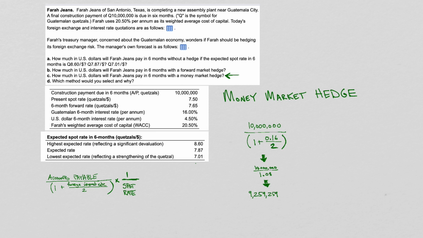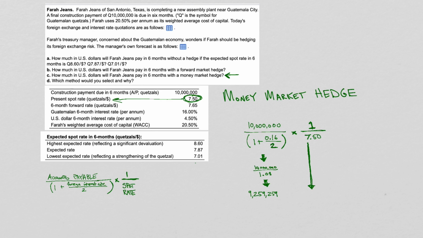And so for us, today's spot exchange rate is 7.50 Quetzals to the dollar. So 1 divided by 7.50, which can be written in decimal form as 0.133. That's going to be our conversion into dollars.